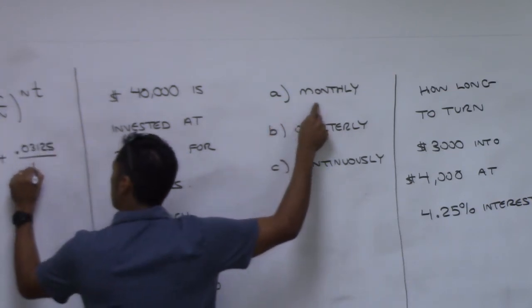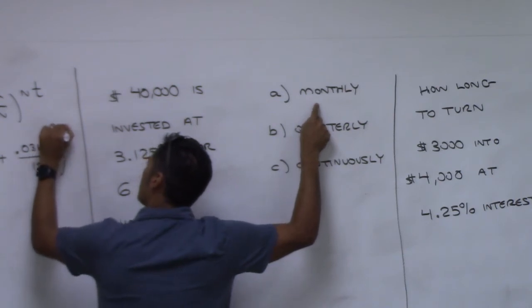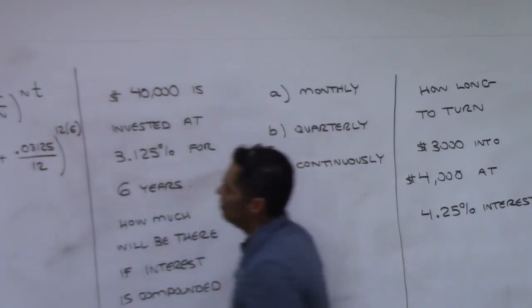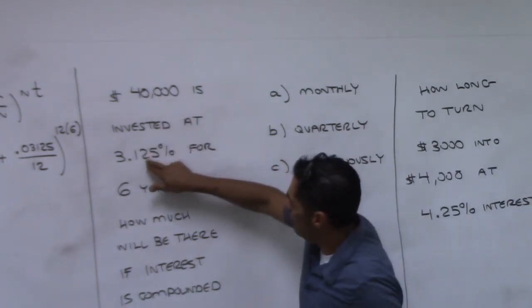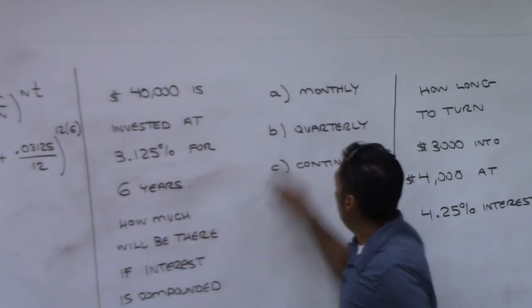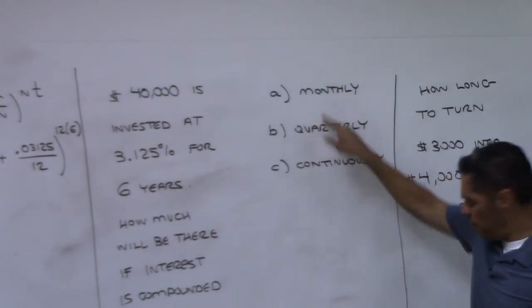Monthly is 12, and then 12 times 6. I'm not quite sure what more I can tell you about that other than you're just plugging in. You need to be able to recognize what values are what. Like this is P, this is r, this is t. N comes from here, n is 12.